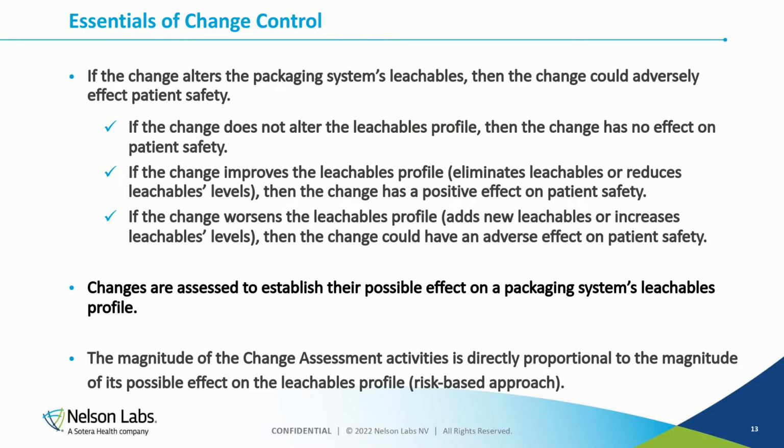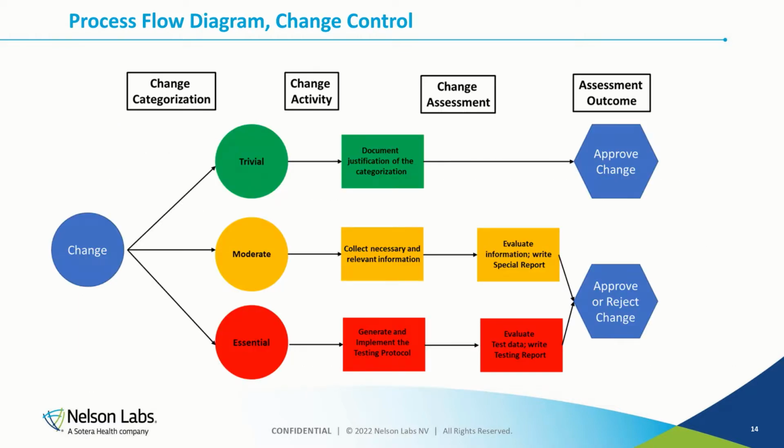This means that if the change is highly likely to change the leachables profile, we're going to have to do a fairly significant amount of work in order to manage that change. On the other hand, if it's likely that the change will have no effect or a minimal effect on the leachables profile, then the amount of work that we need to do to manage the change, to approve the change, will be significantly less.